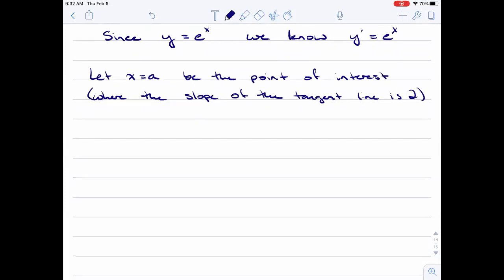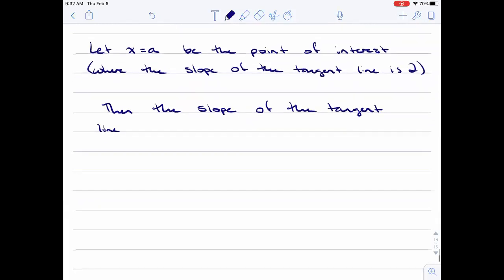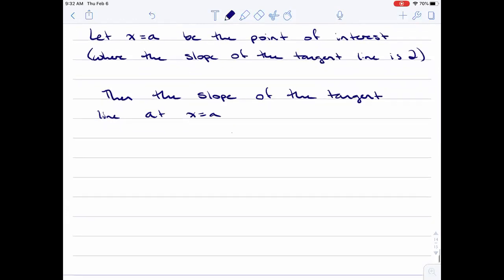So then the slope of the tangent line at x equals a, we can just write, is e to the a.